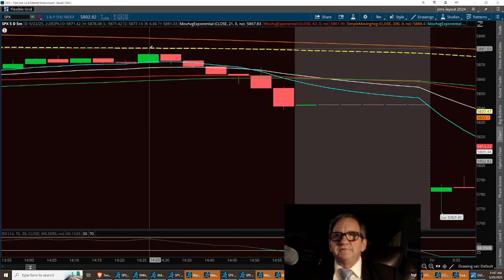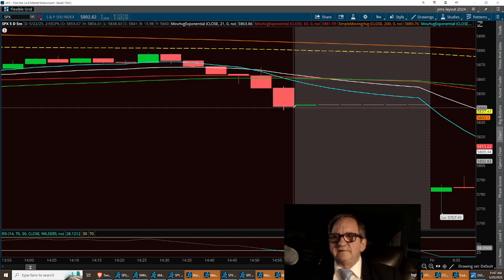It almost comes up and hits the 200 EMA with a tweezer top. Tweezer tops in here, you can get out of the trade. Then you got a tweezer top, and it comes down, and it finally comes to the end of the day.